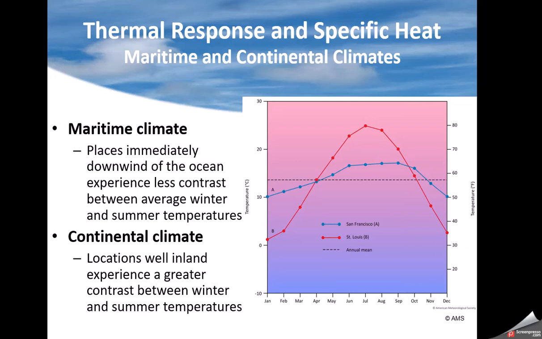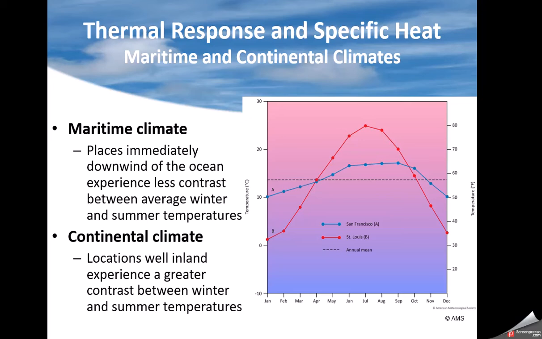Water makes a huge difference in climate. Here are two examples. St. Louis is literally in the middle of the country. It has wide ranges in temperature from summer to winter. Now, you go to San Francisco. It's right by the water. We have mainly west winds into San Francisco.